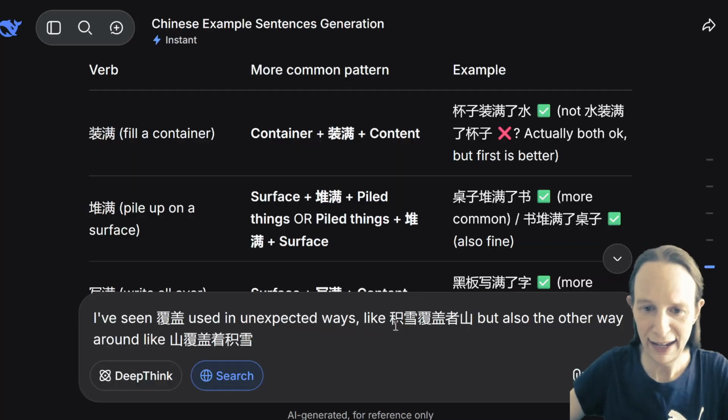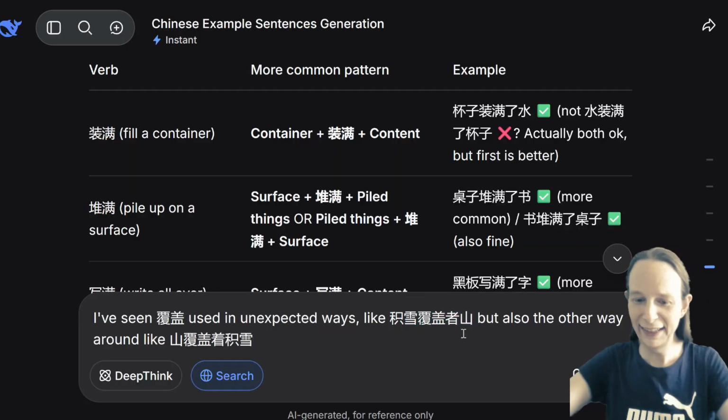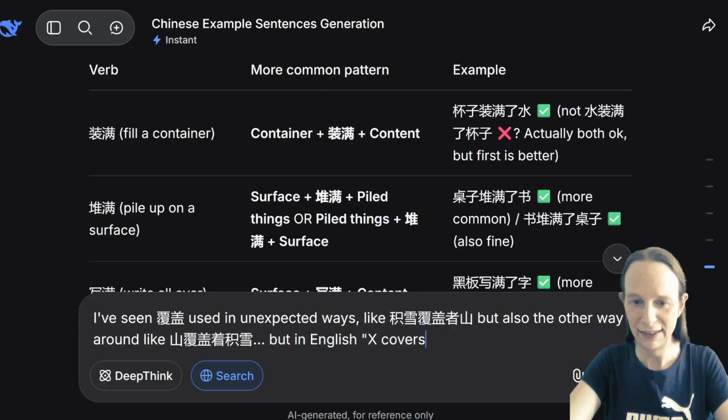Are they both okay? But in English, X covers Y is non-commutative.